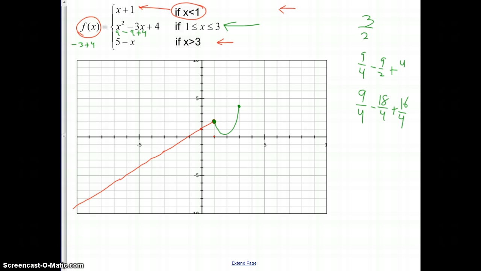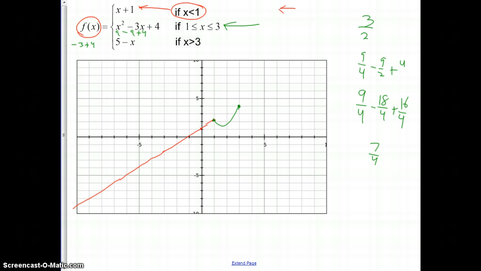So we are looking at negative 9 plus 16, was that 7/4? All right, so not a great parabola, but somewhere there. Okay, so that's that part of the graph.